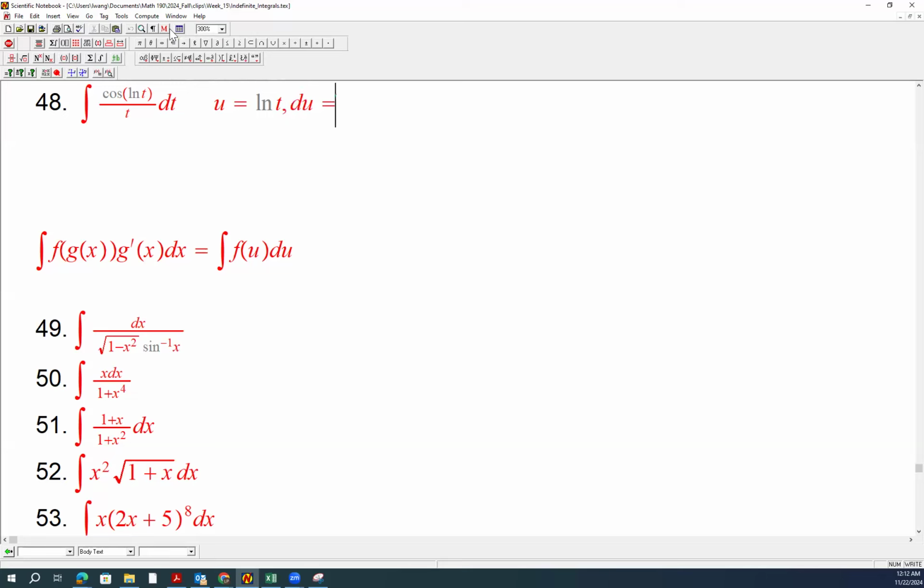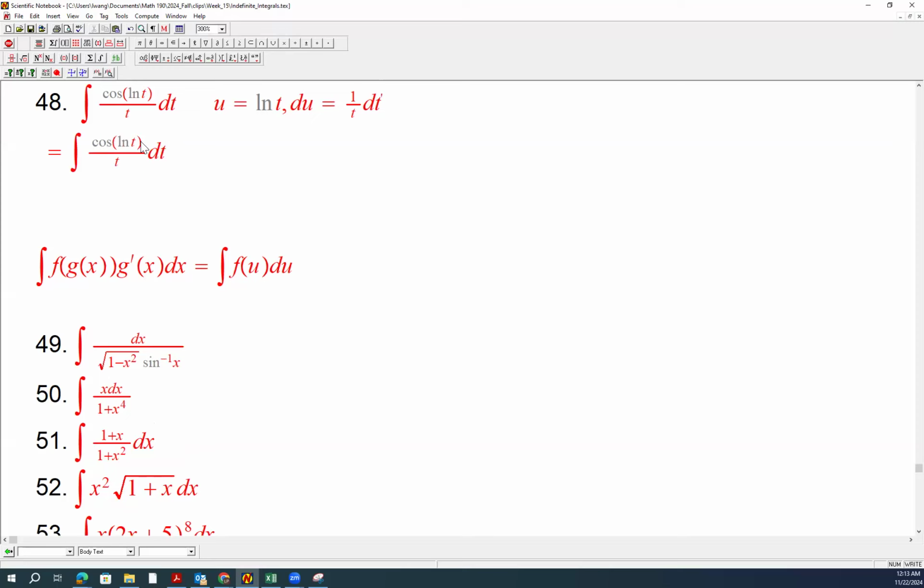So du equals 1 over t dt. We do have a divided by t. So you can see here, dt over t, we will already have a du. This piece should not be difficult. This is the u, dt over t, and that's the du.